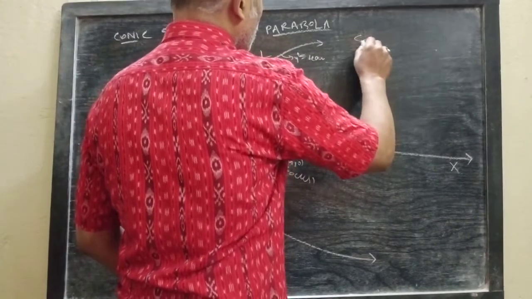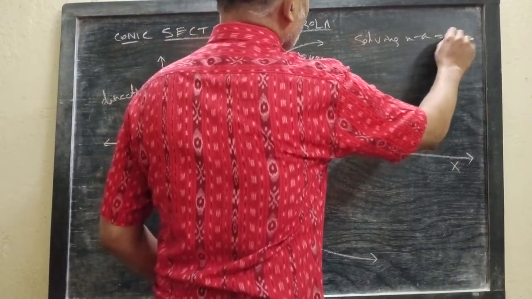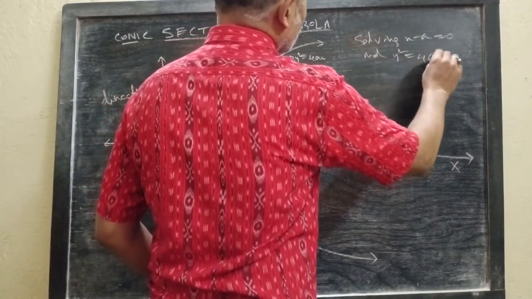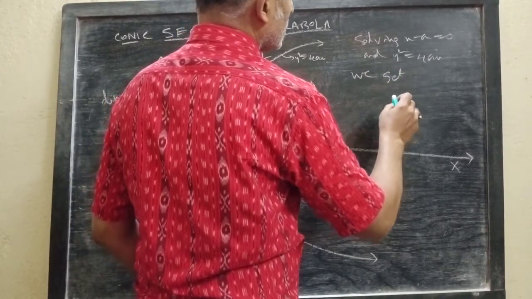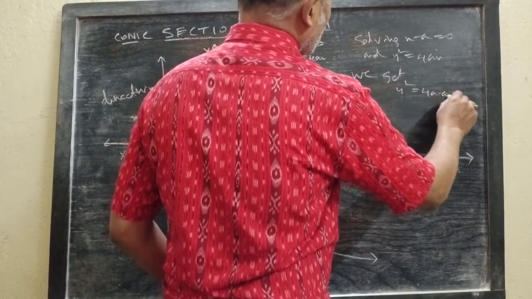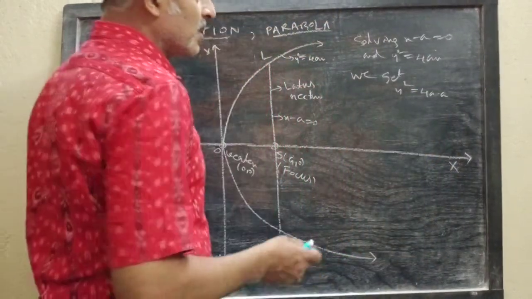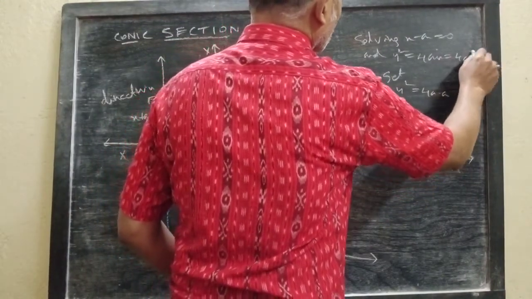Putting x equals a, we get y square equals 4a into a, so 4a square.